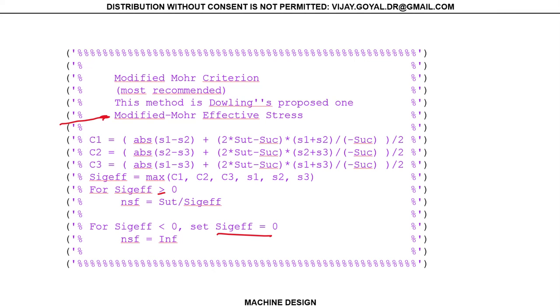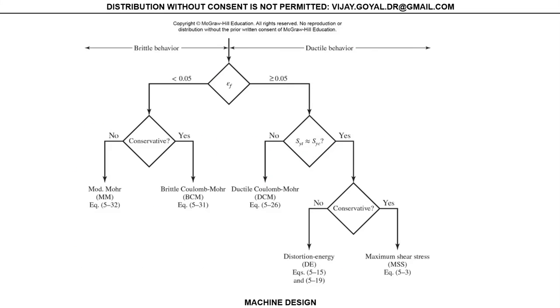Before we move on to some examples, we've got the brittle failure and the ductile failure, and depending on the case, that's what we use. If the strain is bigger than 0.05, then we are in the ductile region. If they are approximately the same, then you're safe to go on this route. If they are not the same, then you may be stuck with Coulomb-Mohr.